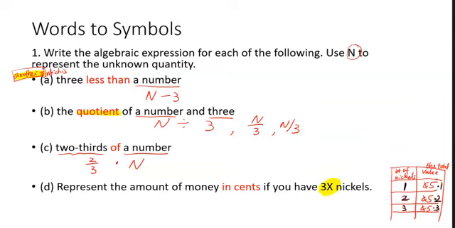So if we have, let's say, 27 nickels, we are going to multiply 5. The 5 always stays the same, but we're going to have to replace the quantity from 1 or 2 or 3 to 27. So here in our case, again, in algebra, we have variables, and they may not be a specific number.